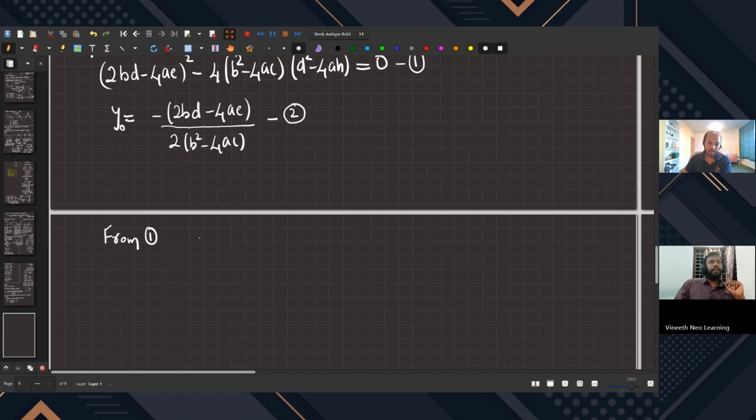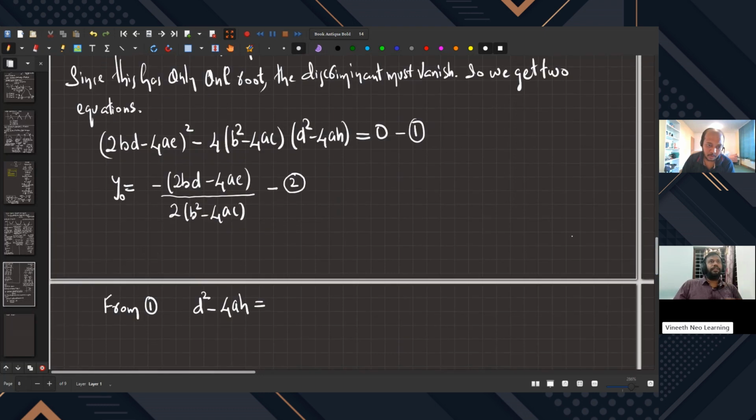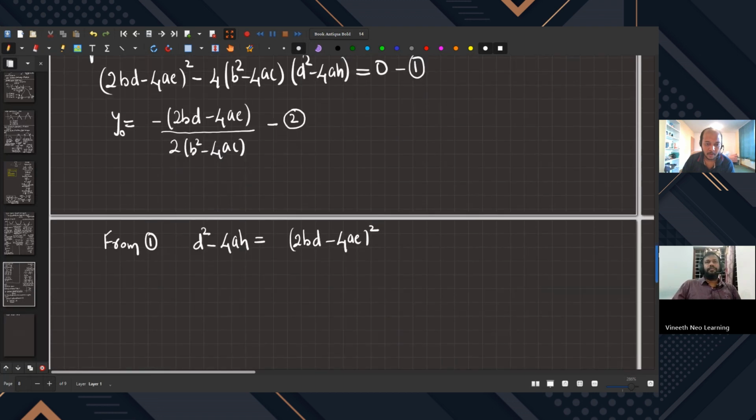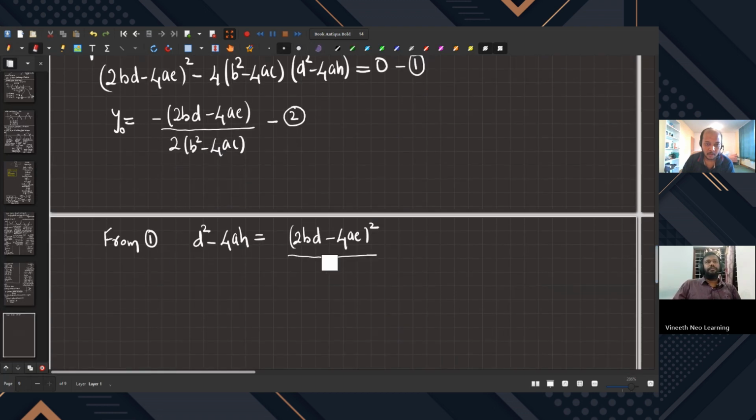From 1, we can find that d squared minus 4ah should be equal to (2bd minus 4ae) the whole squared, divided by 4 times (b squared minus 4ac).